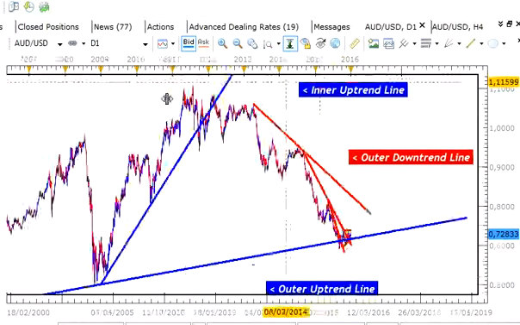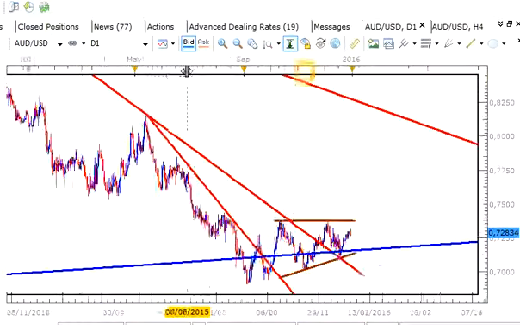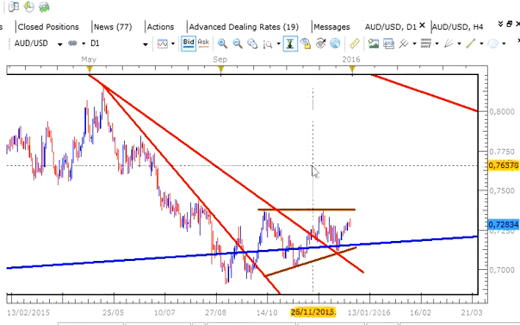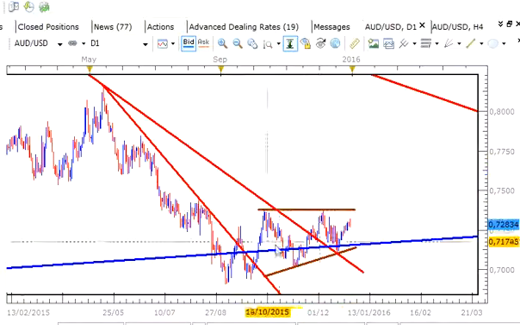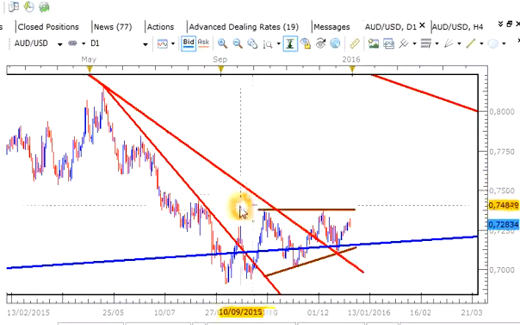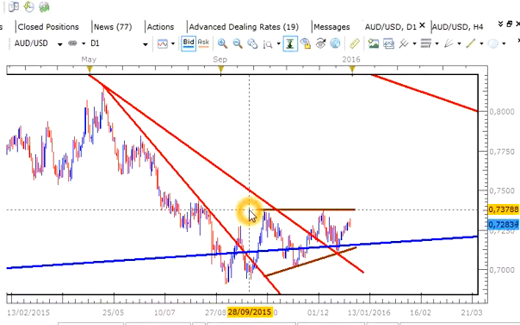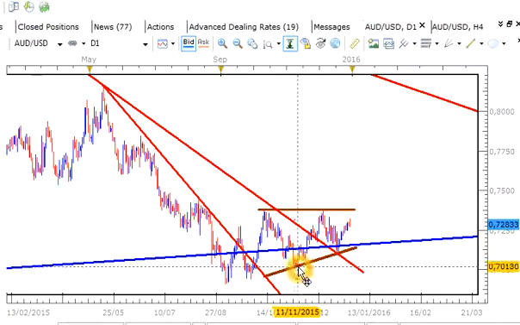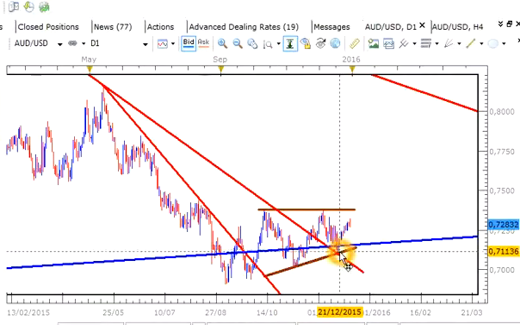So taking a closer look at the setup that could lead to a movement in either direction, here you see the pennant setup that was formed at this downtrend line. The resistance was formed at the 0.7378 area with the corresponding support points formed at the 0.7018 and 0.7113 areas.